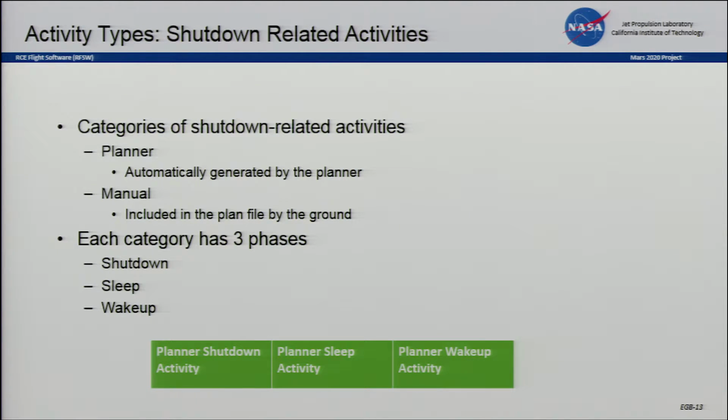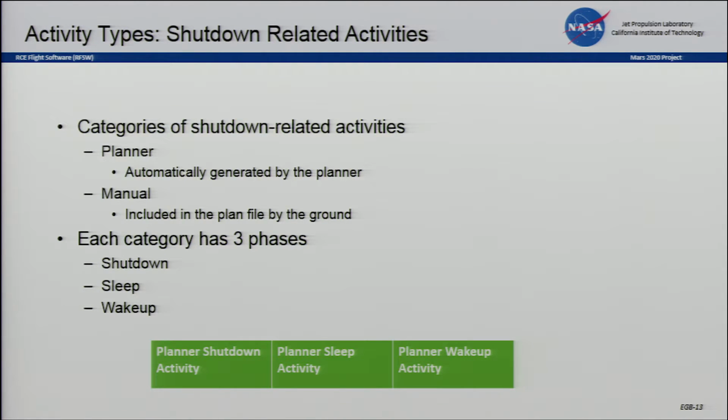We also have several types of shutdown-related activities. As I mentioned before, the planner can autonomously generate shutdowns. And we also have the capability to have manually described shutdowns on the ground. Now, because we are tracking resources, there are different sets of resources that are consumed during the different phases.